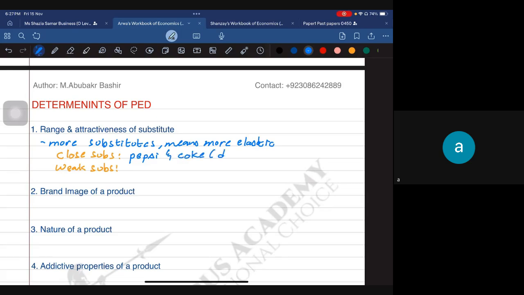Pepsi and Coke are direct substitutes, so they would have more elastic demand, but weak substitutes could have inelastic demand. These are the indirect substitutes, not direct.